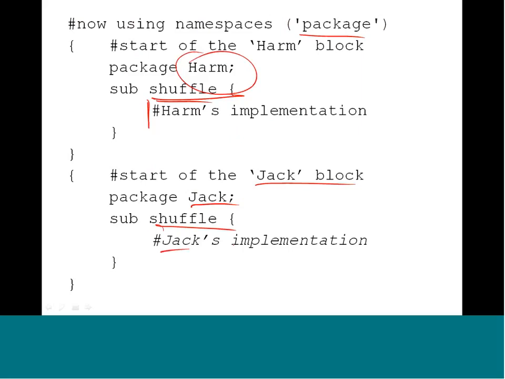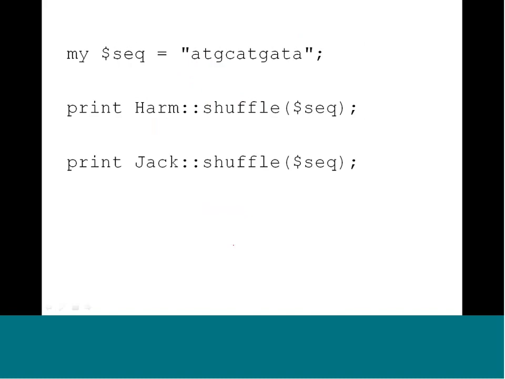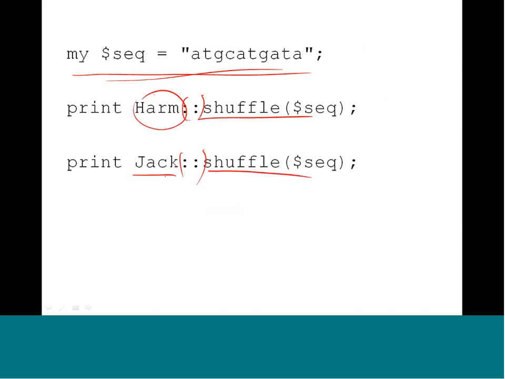Now we define these two things, but how do we use them? The sequence is the same. Here we use Harm as the package followed by a colon and then the function name. Again the same thing for Jack: Jack, colon, and then the function name. These two will work, and you will get two different answers based on how each one implemented these two functions.